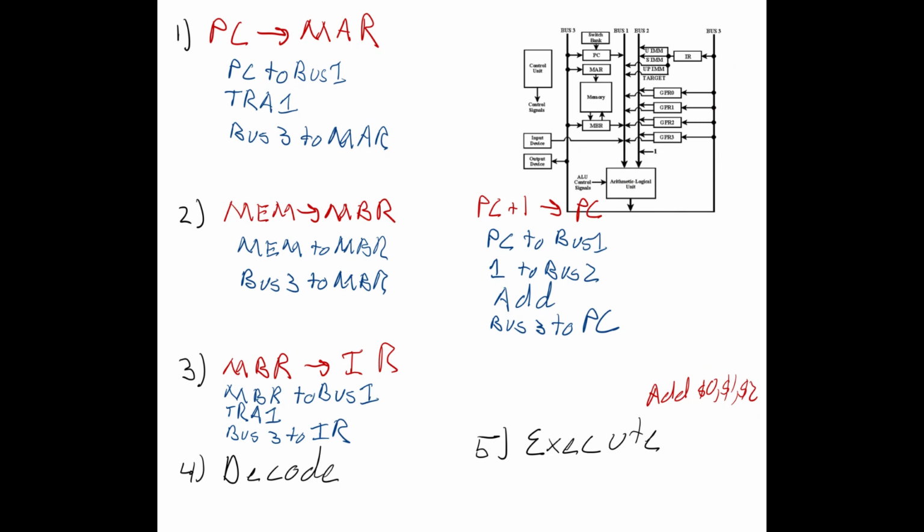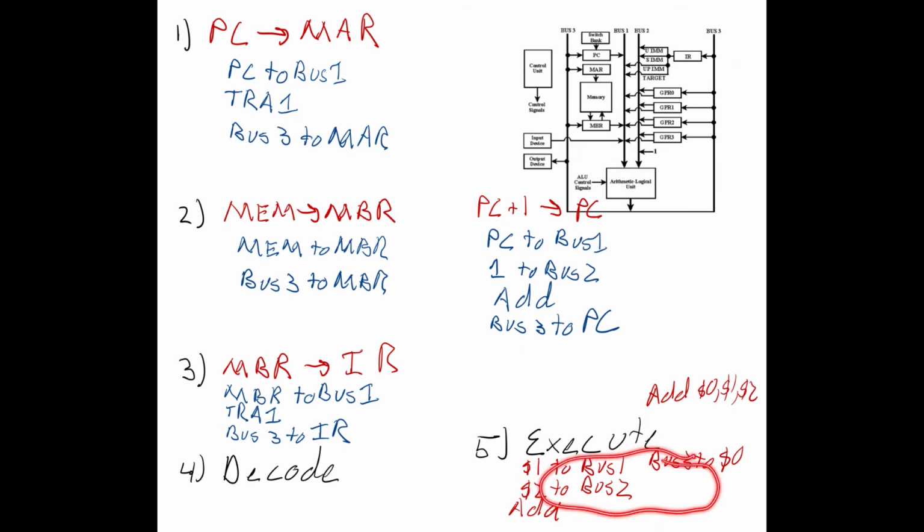So what switches would we turn on for that to happen? Well, we turn on register 1 to bus 1, so register 1 will connect here onto bus 1. Then register 2, our other input, will connect onto bus 2. And then we'll turn on add on our ALU. And then finally, we'll take the result and clock it into register 0. So those are the switches to execute the instruction.